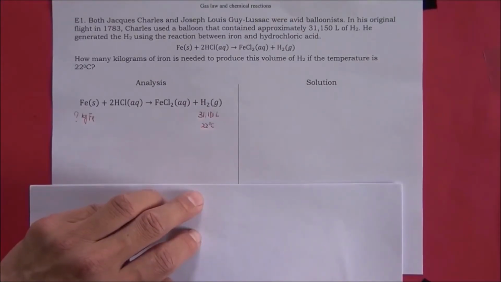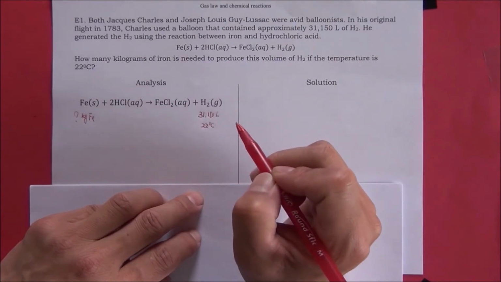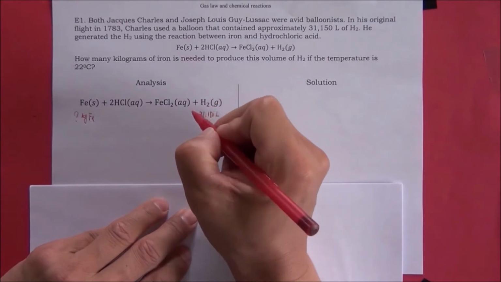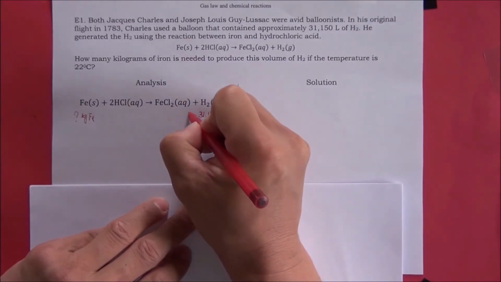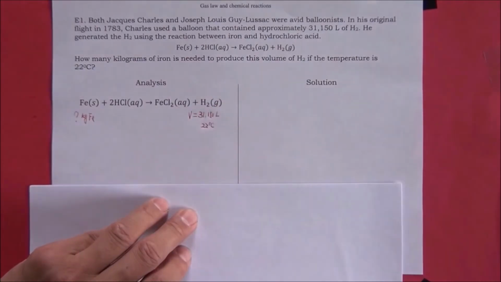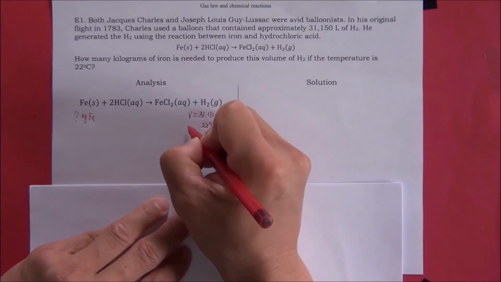It is another good habit to assign an appropriate symbol to the numbers with units. This is the volume, so we assign V equal to 31,150 liters. And the second one is temperature.